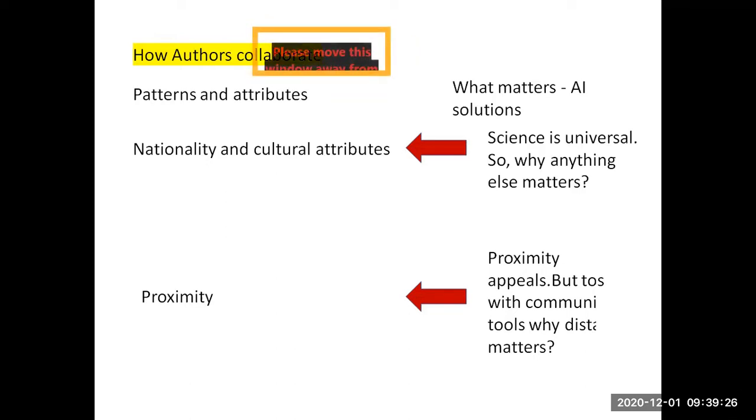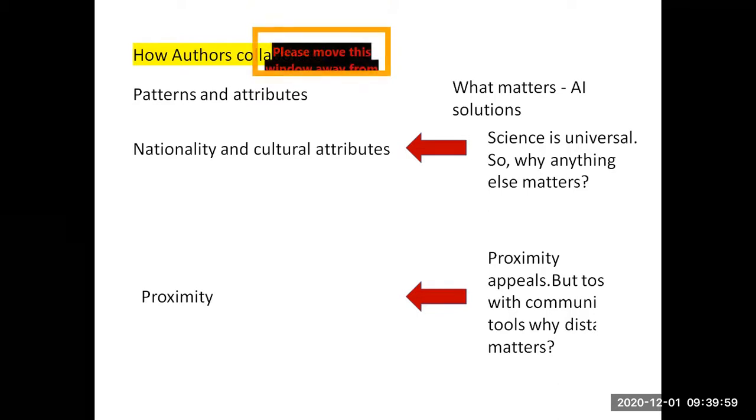Then the second thing is proximity. So proximity appeals. Okay, he is just 1 hour drive away, so it is easier to collaborate. It's a very common way to think. But really, does it matter? Today we can join through Zoom. We are separated by more than 10,000 miles, and we are talking as if we are next to each other.